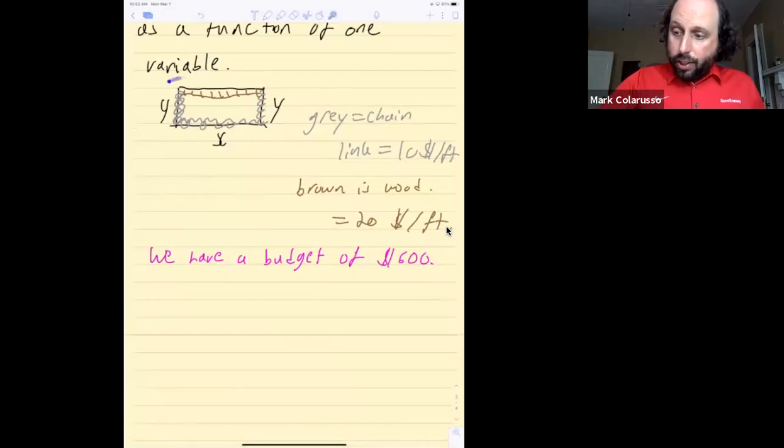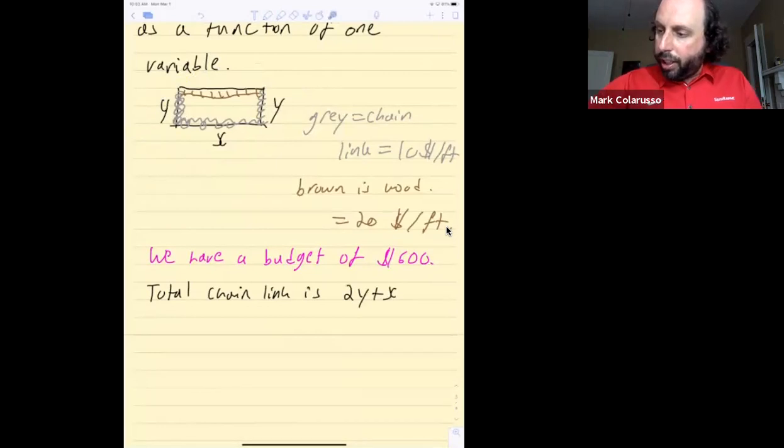So what's the cost of making this fence as it is drawn in this diagram? The total chain link is 2y plus x.